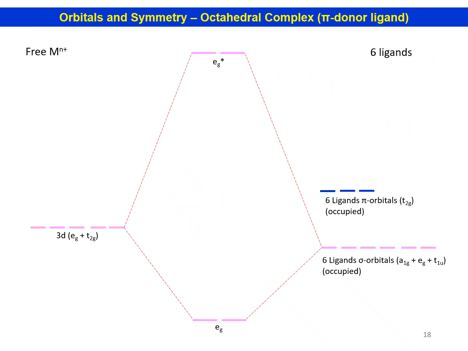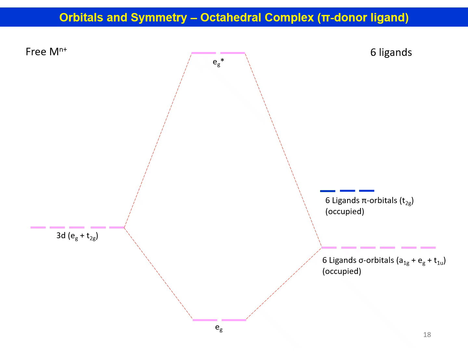Now, in a pi donor ligand molecular orbital of an octahedral complex, again, the a1g and t1u are omitted here, not because they do not exist, but the screen is not long enough to show that, because we want to focus more on the energy splitting of the d symmetries.